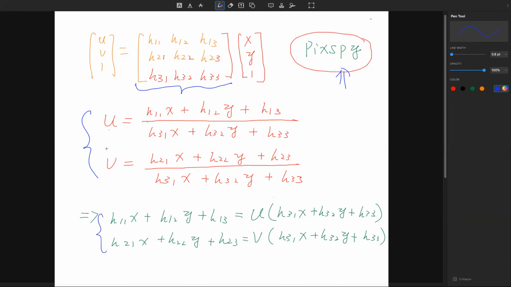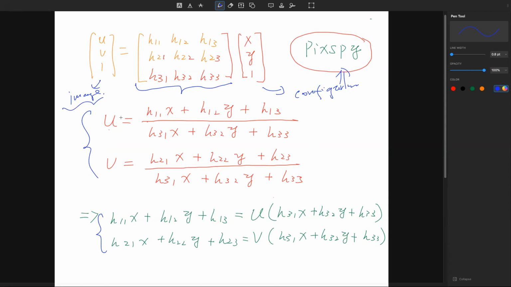Basically, this is your M, which is the configuration, and this is your image. Hopefully I put them in the right order. And here is your homography.